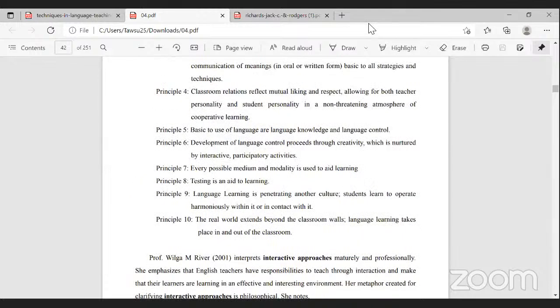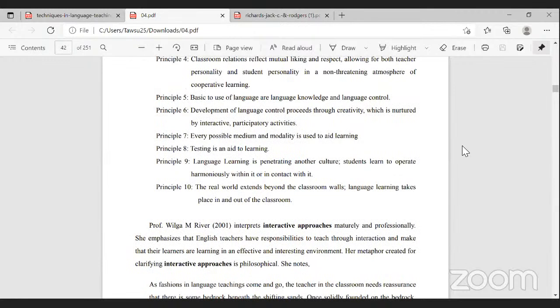Okay, so Professor Wilga M. Rivers, 2001, on the interactive approach, maturely and professionally. She emphasizes that English teachers have a responsibility to teach through interaction and make sure that learners are learning in an effective and interesting environment.